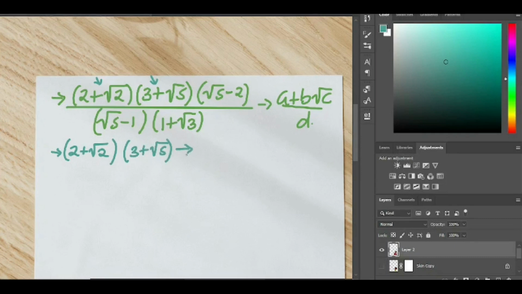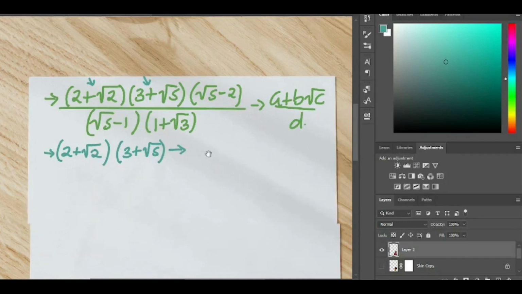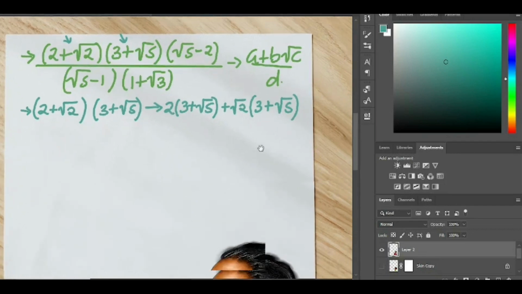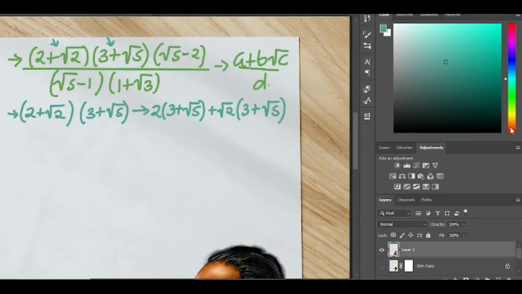Just the normal way we expand brackets, we take 2 from the first bracket and multiply by the whole of the second bracket, and then take root 2 from the first bracket and multiply with the whole of the second bracket, 3 plus root 5. When we open the brackets, we get 6 plus 2 root 5, and then plus 3 root 2, and then plus root 10.